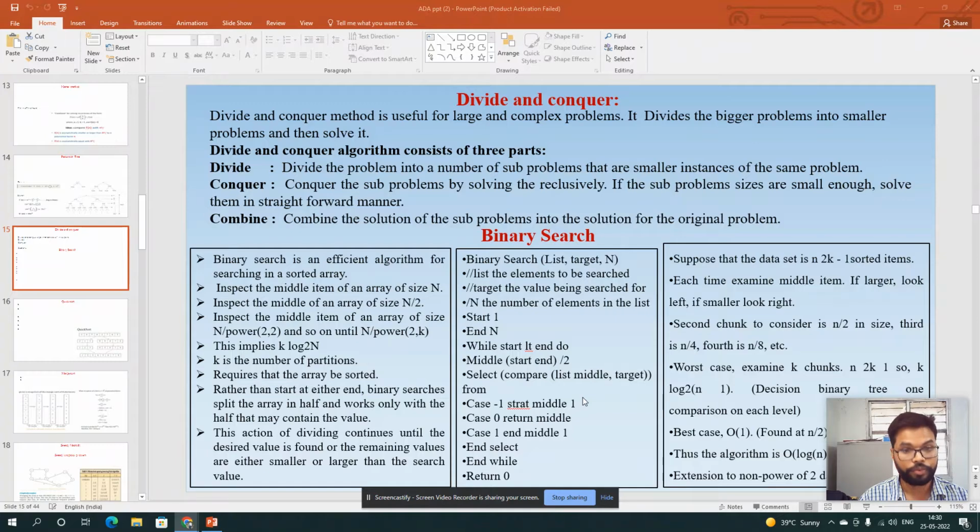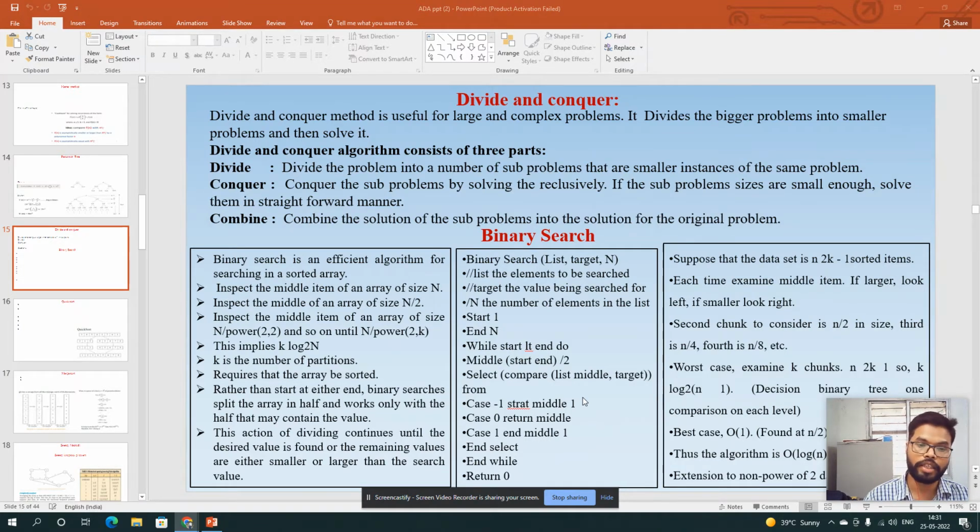So divide and conquer is applied when the problem size is large enough. There are various problems which can be solved using divide and conquer, for example, binary search.